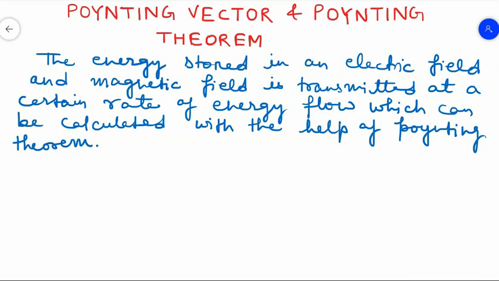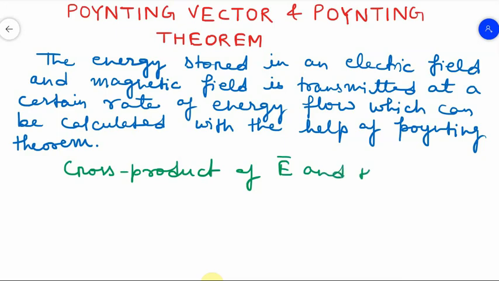Now the cross product of E and H gives the power density.